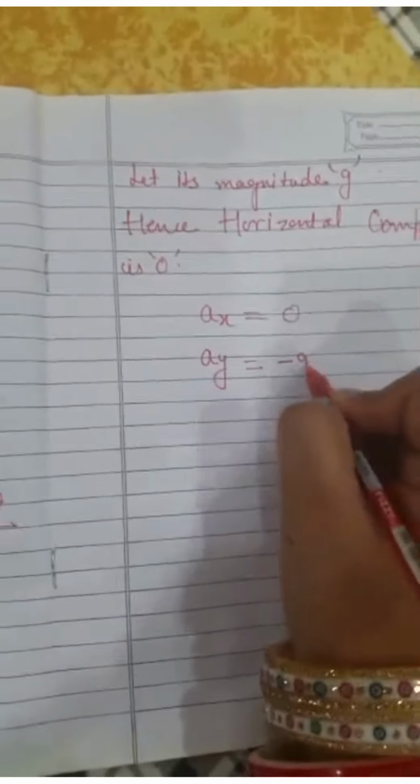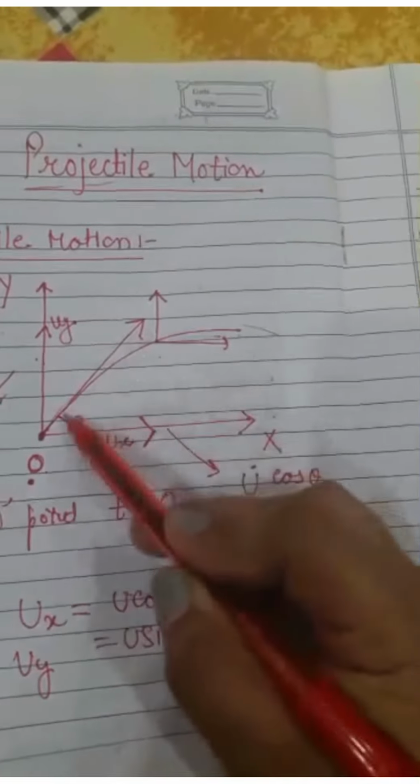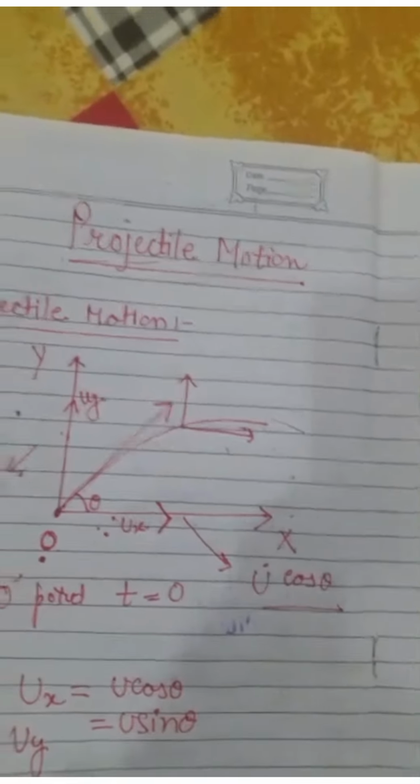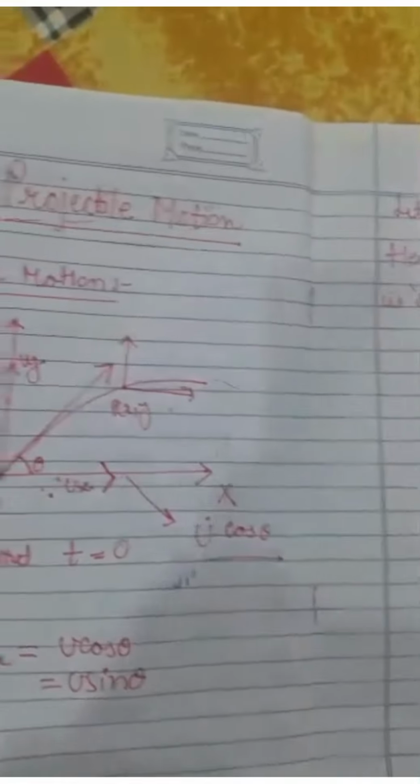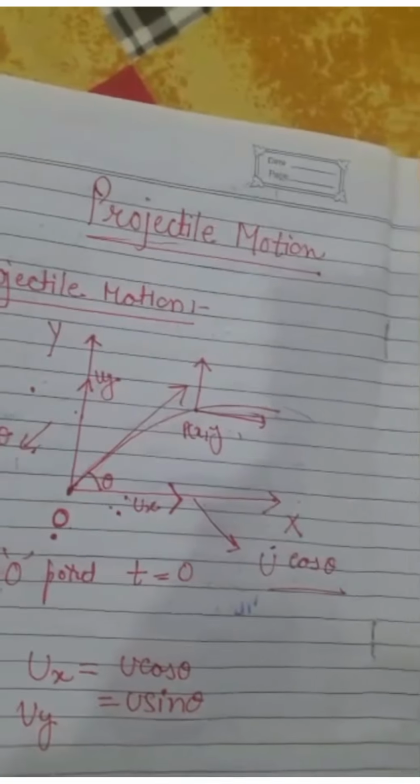So the object follows a curved path, as shown in this figure, and reaches the point P(x, y) at time t.